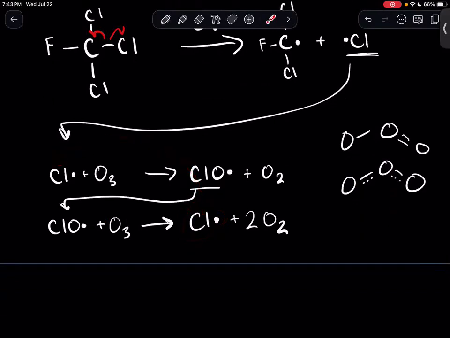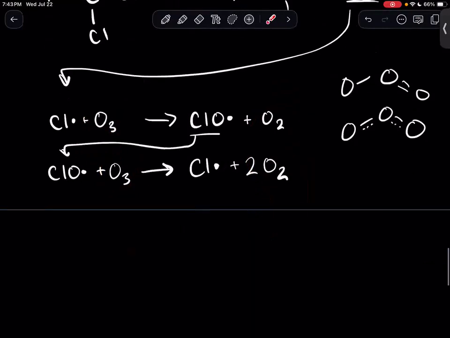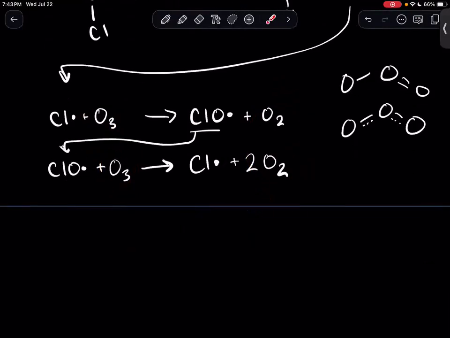These radicals wreak havoc in our ozone layer as they continue to turn ozone into normal oxygen, which, while very breathable for us, is not what blocks ultraviolet radiation. Ozone is important at blocking ultraviolet radiation from reaching Earth, and without it we get increased temperatures, melting of our polar ice caps, and even higher rates of skin cancer. So it's very important that we don't get these radicals released into our atmosphere.